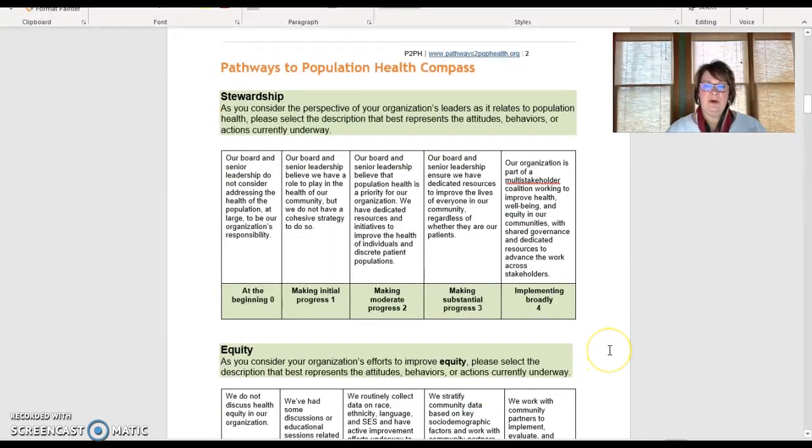And within each one of the different categories, there are statements, and you will score based on what most closely aligns with the practices of your particular organization. So this is a self-explanatory type tool, but just read through it and assimilate the thought process as far as doing the assessment.